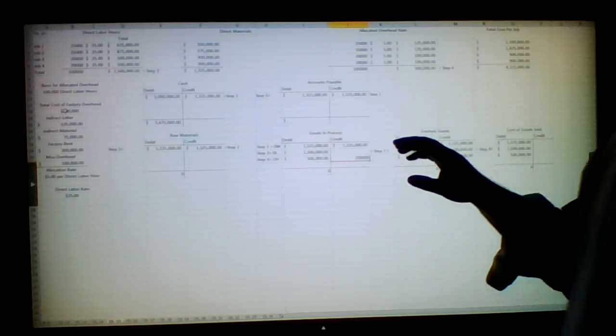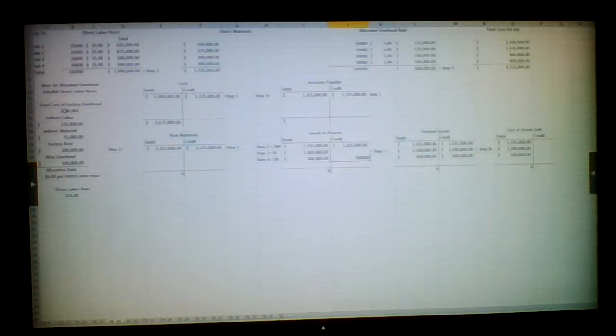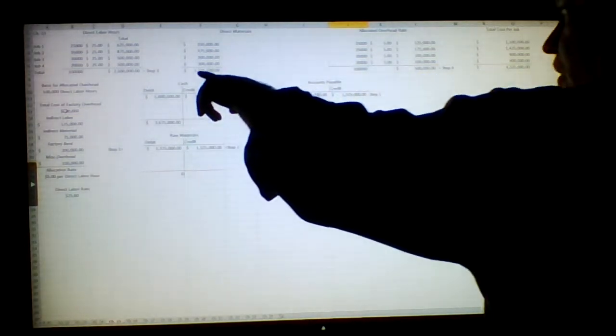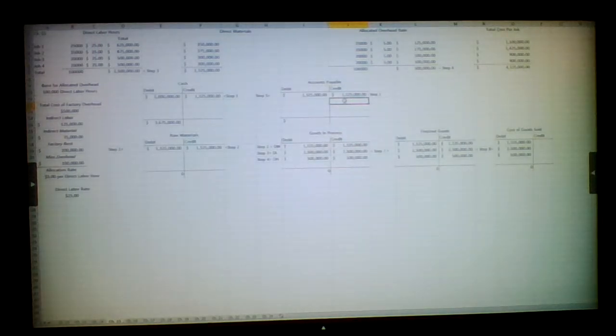So what I've done here is I've gone through and I've shown where this would flow through. Your first part, you would be buying the raw materials that you're going to need. So you would have an accounts payable set up for $1,325,000 right here.